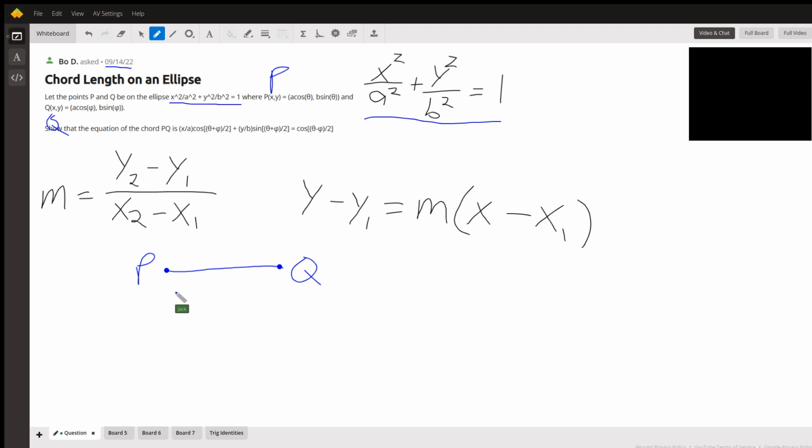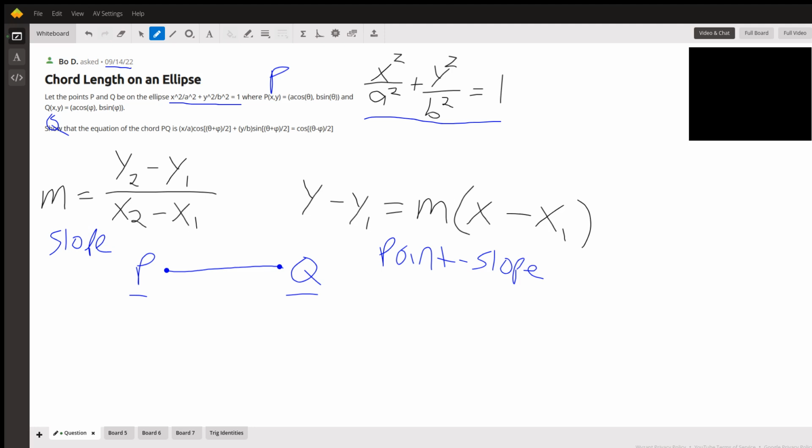Now remember, a chord is a line segment between 2 points, as I have shown down here. But for our purposes, we're trying to find the equation of the line PQ, because we know how to find the equation of a line. We're going to have to use the formula for slope, which I have right here, y2 minus y1 over x2 minus x1. And one of the useful equations we can use is point slope: y minus y1 equals m times x minus x1.